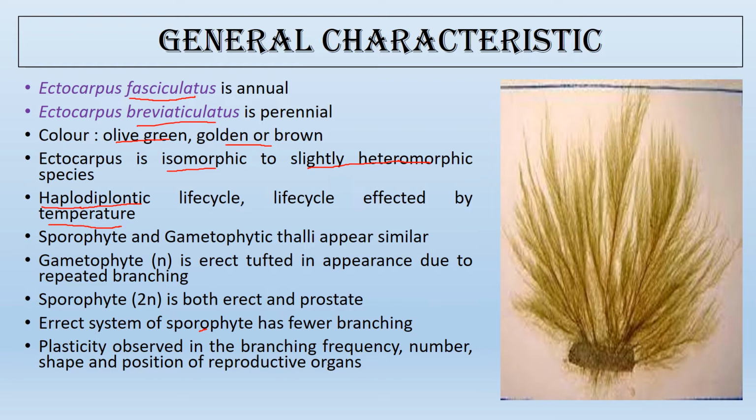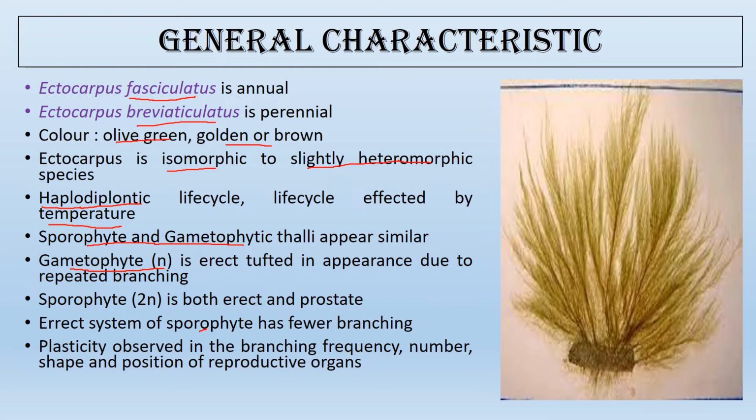Now back to the structure. Most species of Ectocarpus are isomorphic, which means that both the sporophytic and gametophytic thalli appear similar but not the same. The gametophyte, that is the N, the haploid generation, is much tufted in appearance.